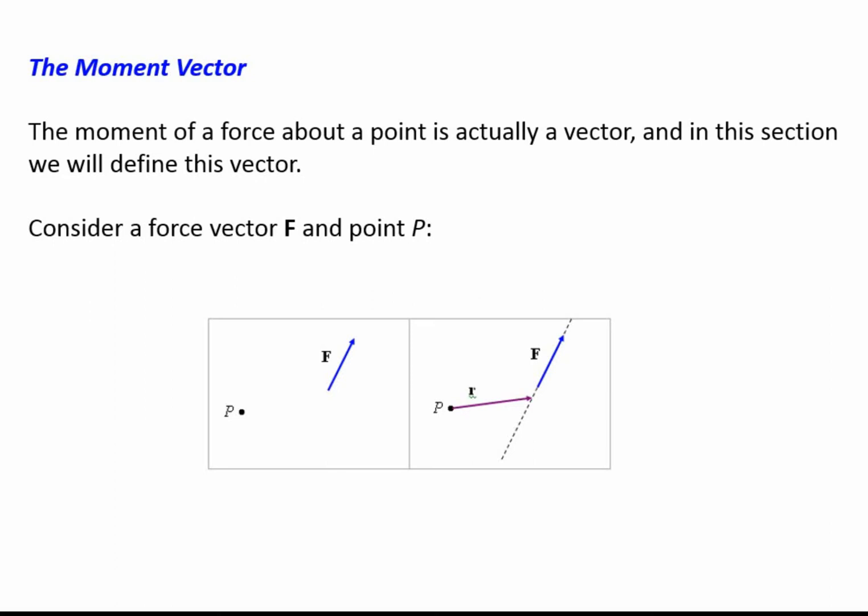So again, if you do the cross product between this r vector and f, you are trying to find the moment arm. The moment arm is the component of your distance vector that is perpendicular to the line of action.